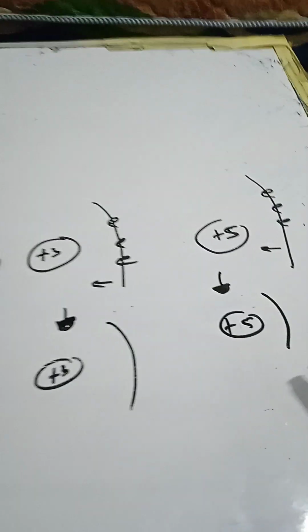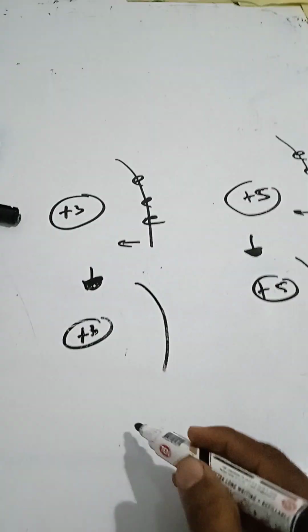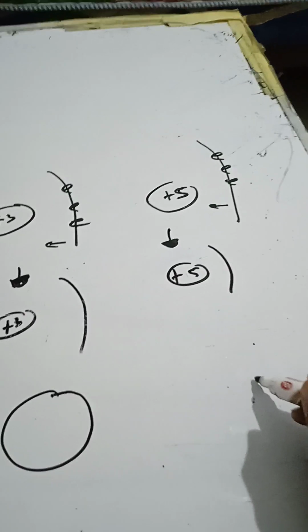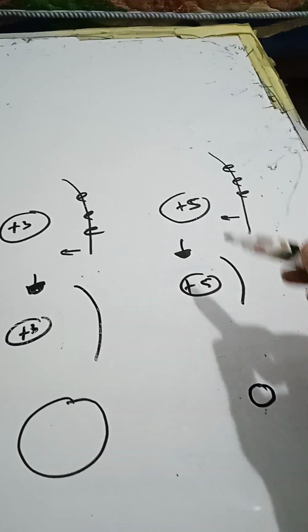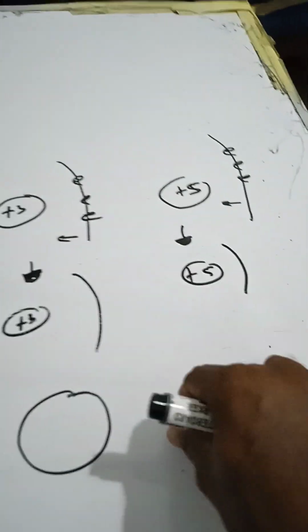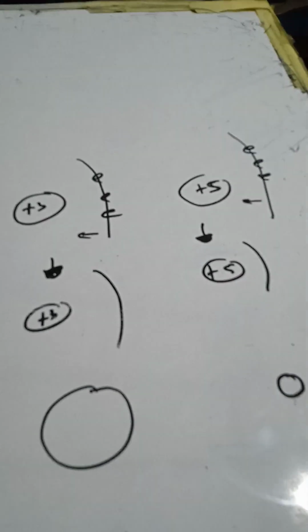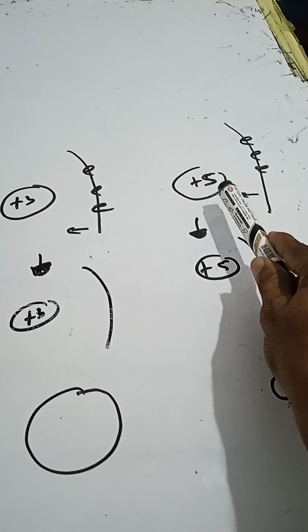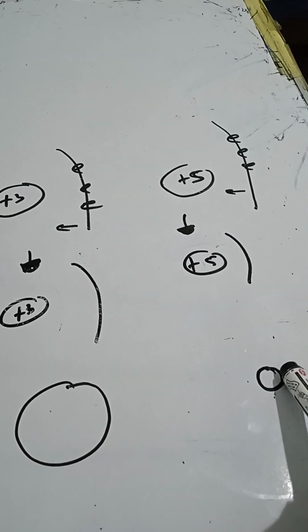So the ultimate result is that this one makes a bigger ion and this ion is smaller because it has more charge. So you can understand that the higher the protons, the more the attraction, so the smaller the size of the ion.